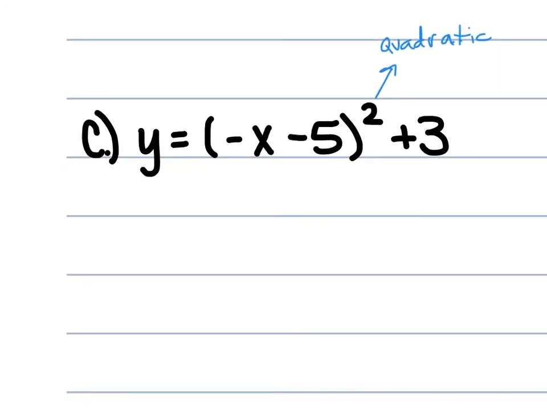Okay, now we need to look at each thing that's happening in our function. So the first thing we have is this negative in front of the x, so negative x. What does that do to our graph? Reflection over y. Perfect, reflection over y.